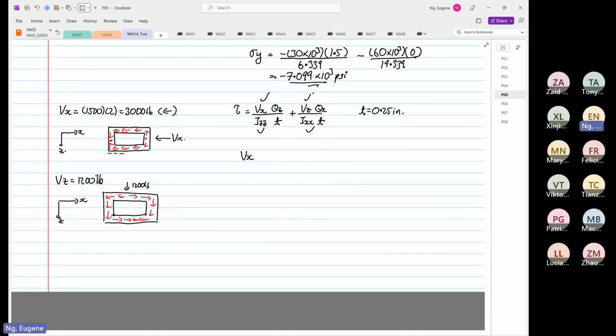And Vx, we know that is under what? Box beam analysis. So we know that is going to be what? It's going to be based on 2Q, not 1Q. Box beam is 2Q, right?